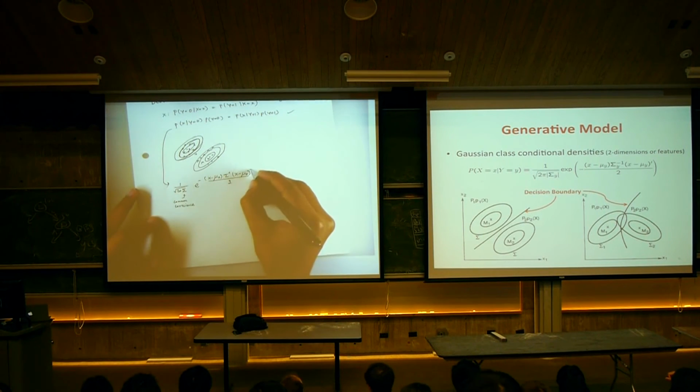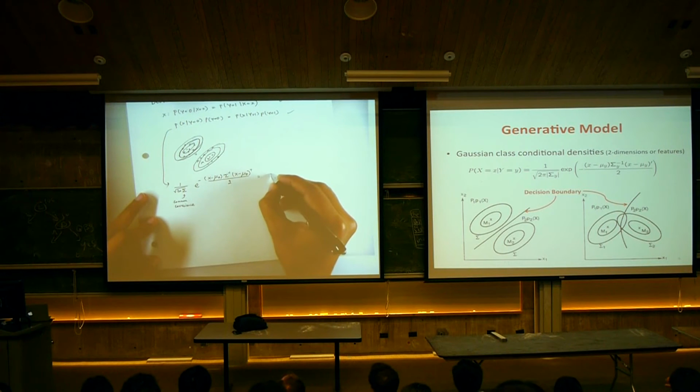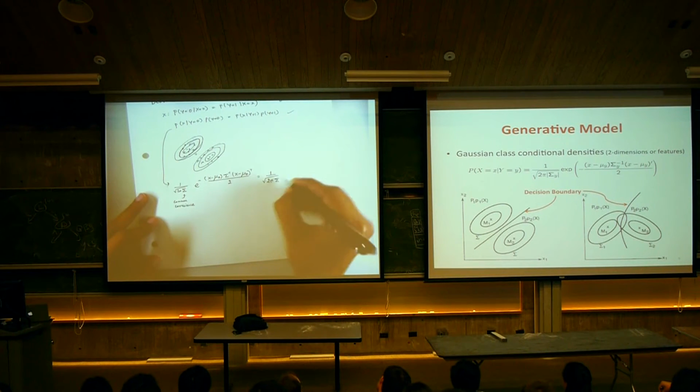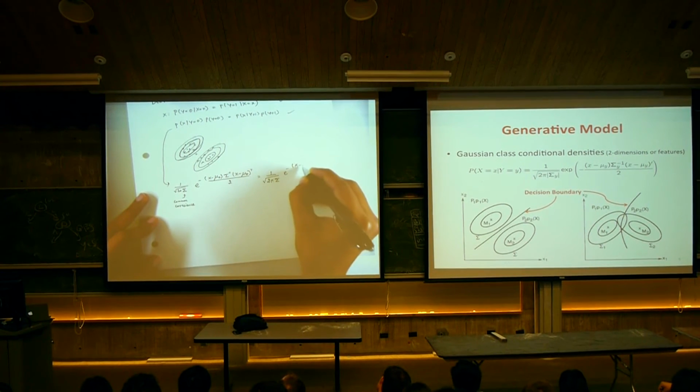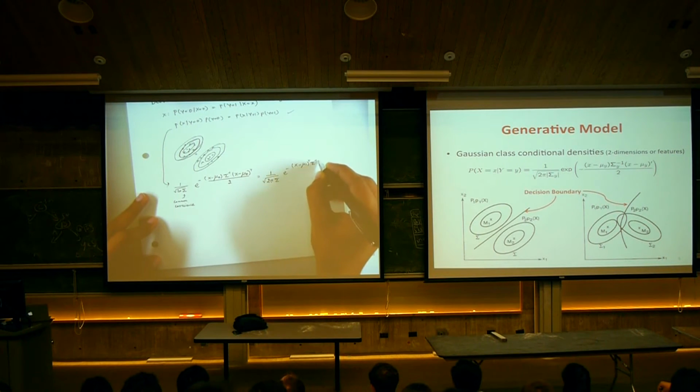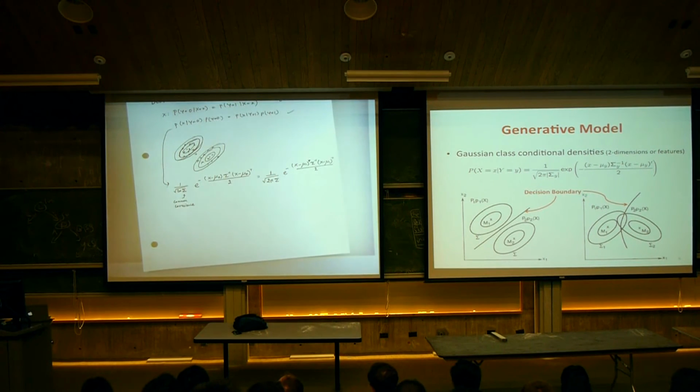And we just want to say for what points x is this equal to the value of the probability under the second class, which is just the same expression, except we replace the mean mu naught with mu1. So all you have to do is equate these two expressions. That's actually fairly easy to do.